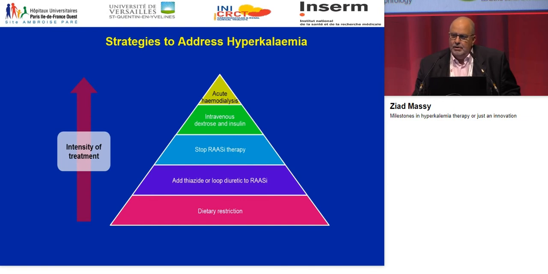So we are looking for a drug to help us keep RAS inhibitors in these patients, to keep as many diabetic patients as possible treated by RAS inhibitors, even when CKD progresses.